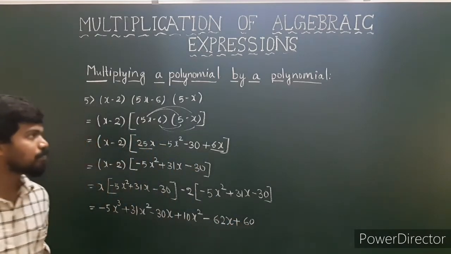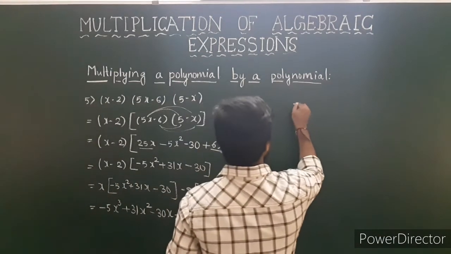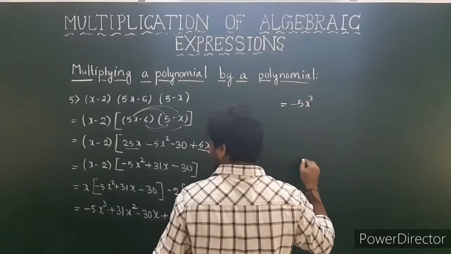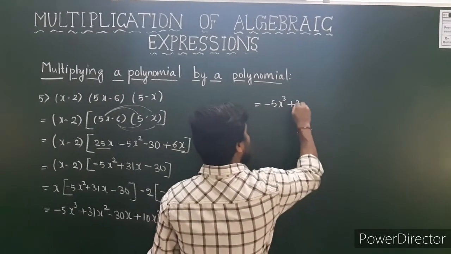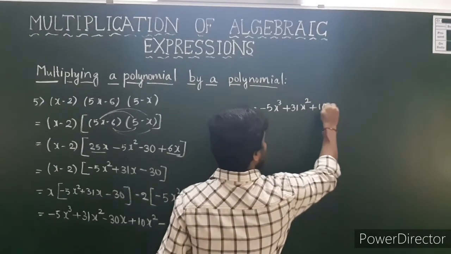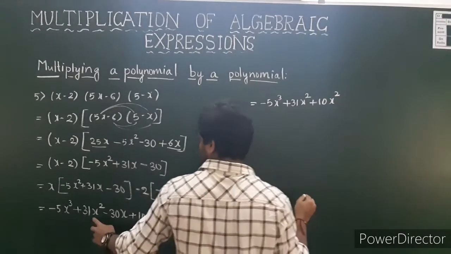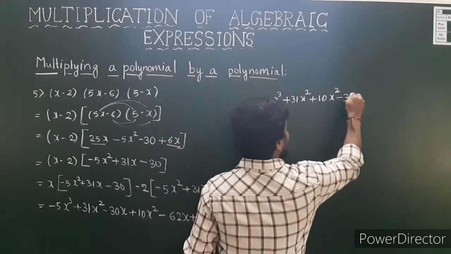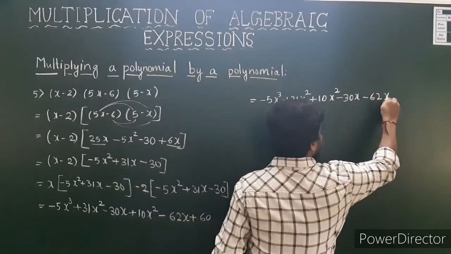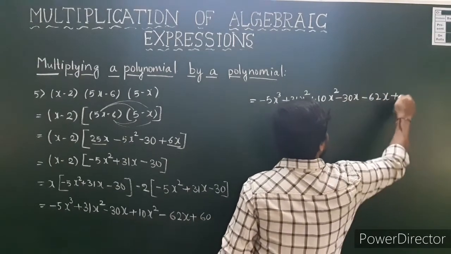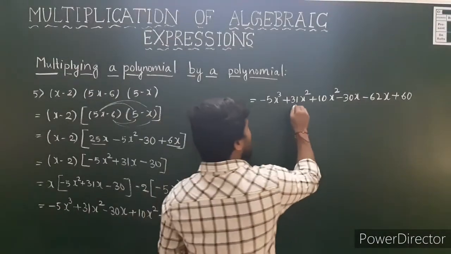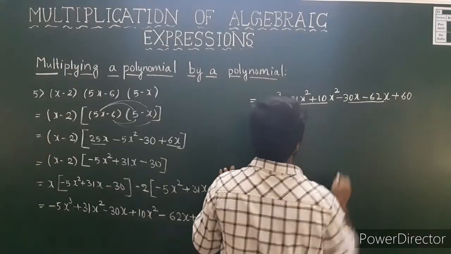So now next, write minus 5x cube and plus, we have one more x square here, so that is plus 10x square, and next minus 30x, next minus 62x, and finally plus 60. So these two are like terms and these two are like terms.